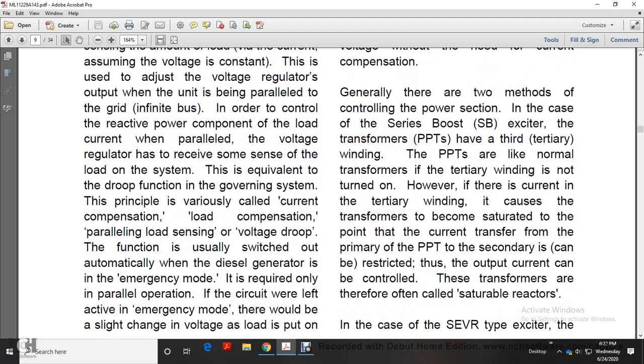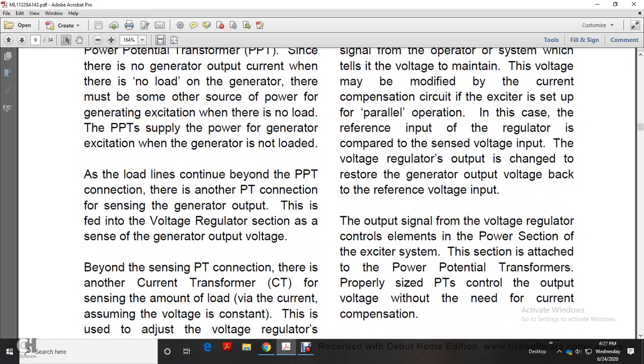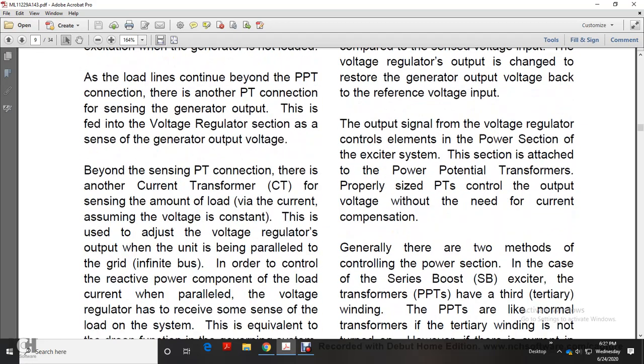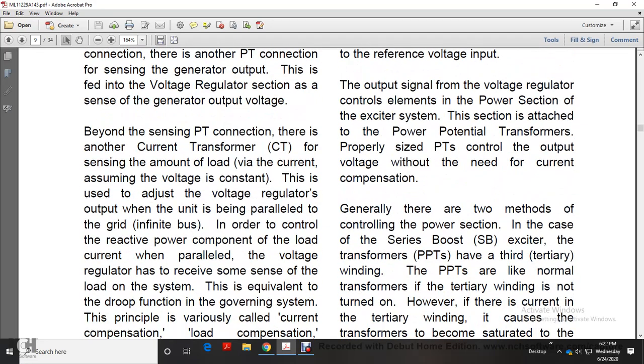Generally, there are two methods of control of the power section. These are either the series boost exciter or the transformer that has a third control winding. The power potential transformer is normally a regular transformer, and the control winding is not turned on.